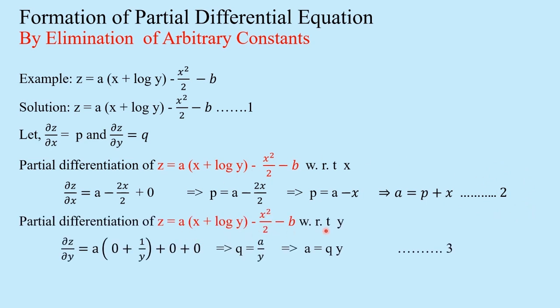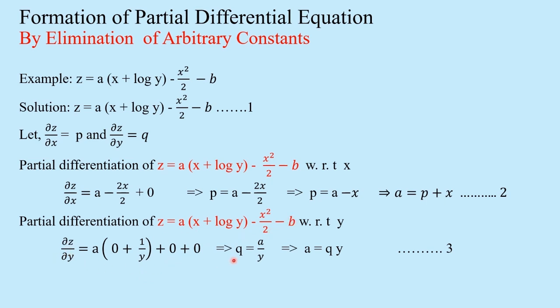Now partial differentiation with respect to y. z becomes ∂z/∂y. Here this term a will be there, and this x on differentiation with respect to y will become 0, and log y gives 1 by y. And this term is x, so it will become 0. This is also 0.